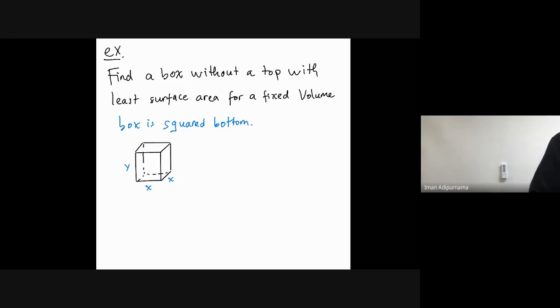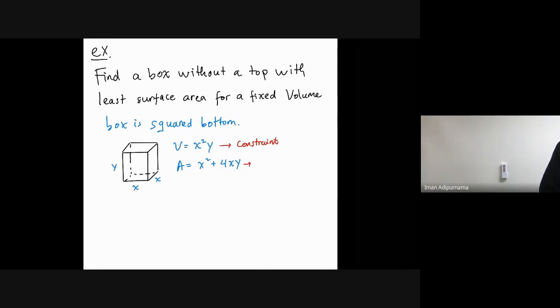Let x, y. I think this is pretty similar, but the difference is the volume now becomes the constraint because it is the constant. And the area, x squared plus 4xy, this becomes the optimization.